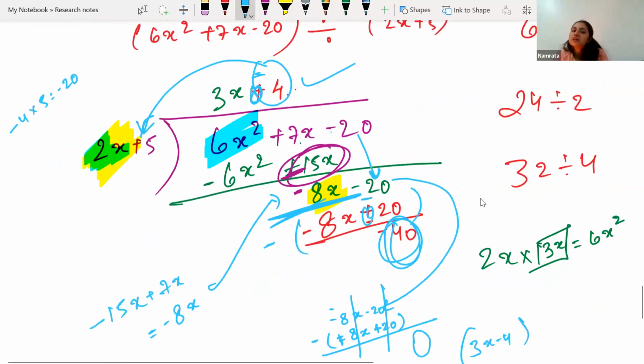Now the long division method, if you already know, perfectly fine. If you don't know, I believe you have understood it from here. One type of question is there where students mostly get confused.